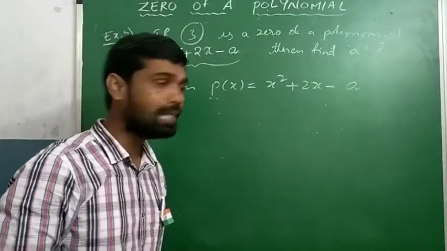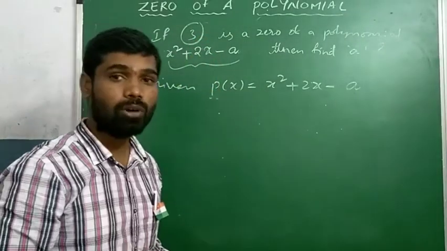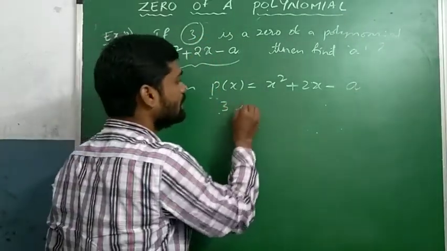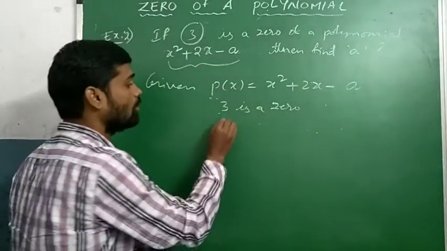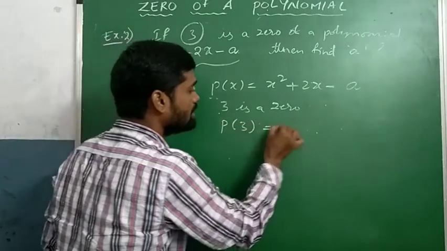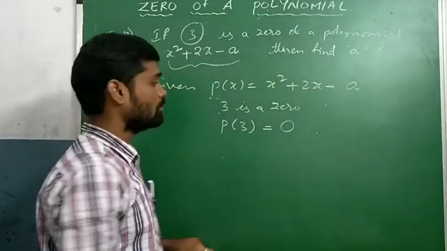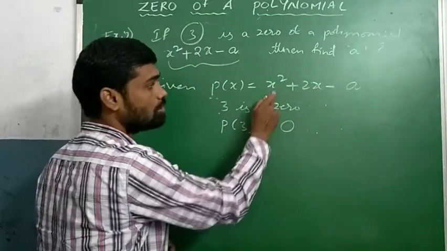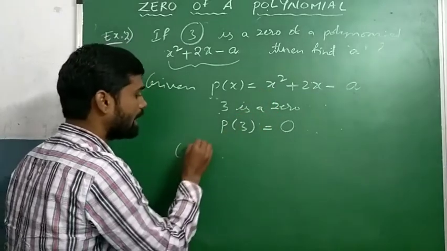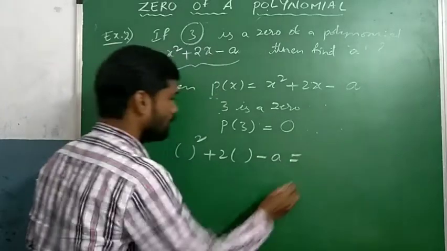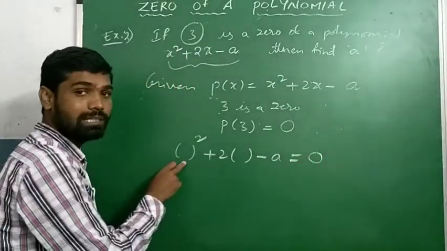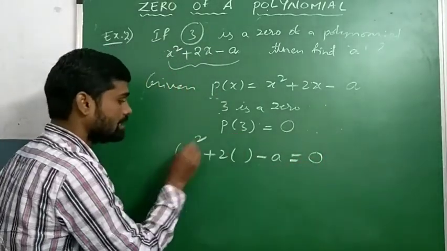He has given that 3 is a zero of the polynomial. So when 3 is a zero, it is nothing but P of 3 is equal to 0. In the place of x, we have to write 3.